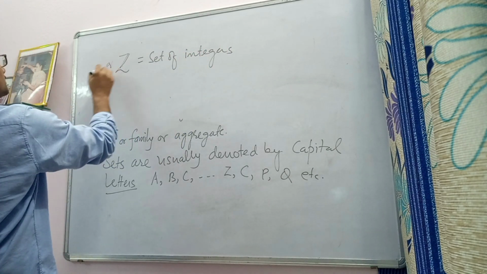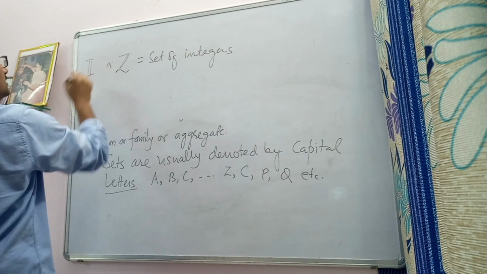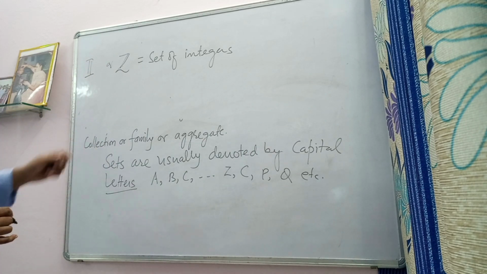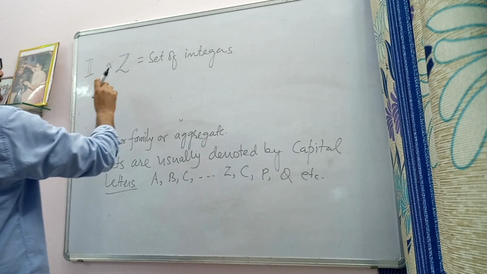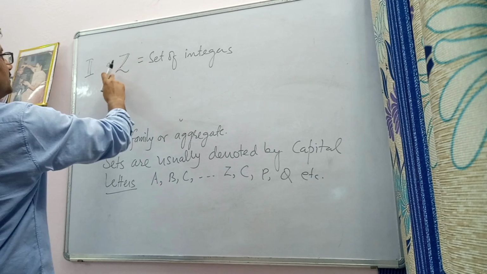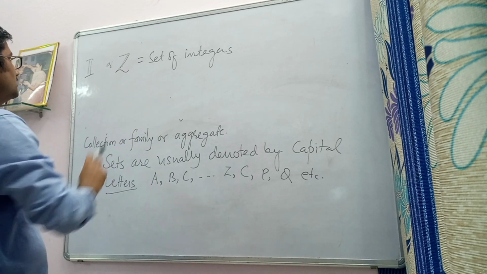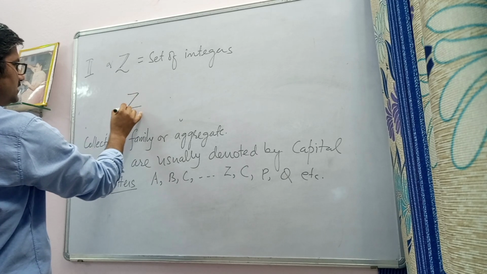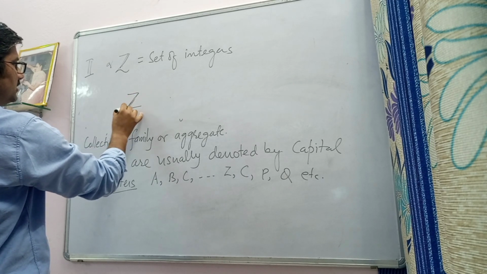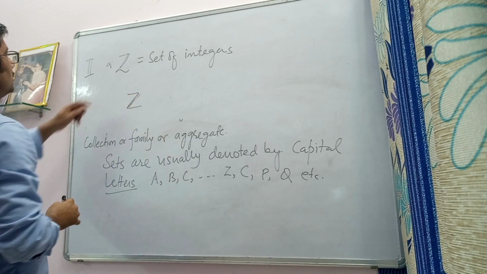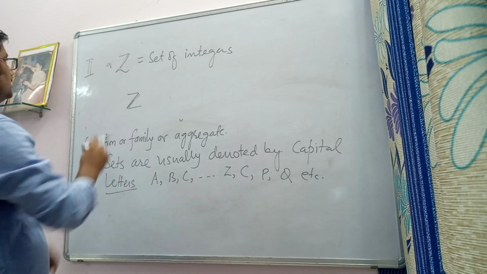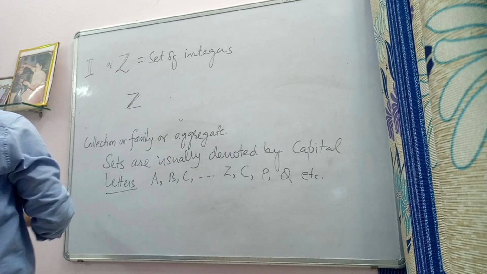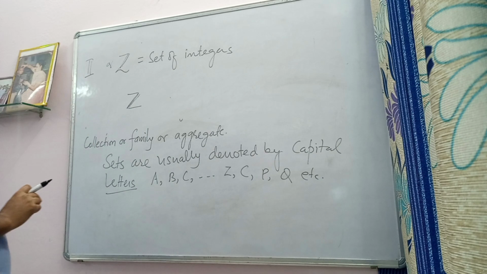Another notation for the set of integers is I. This is not a style where I am overlapping this line two times; it is the standard notation. In the books, usually this line is bold, so instead of making it bold, we write it two times.